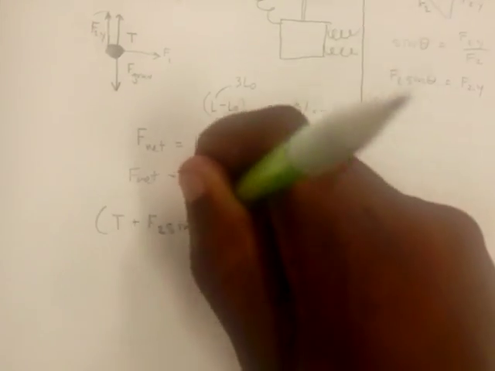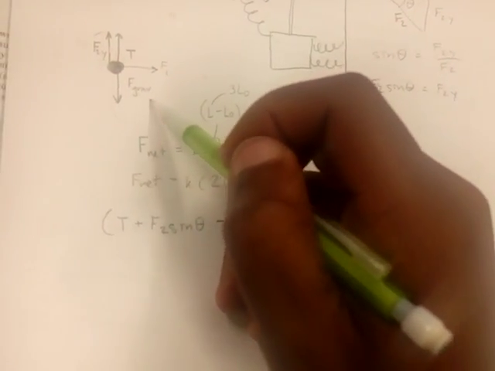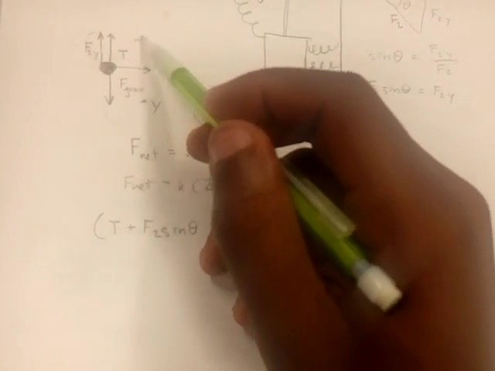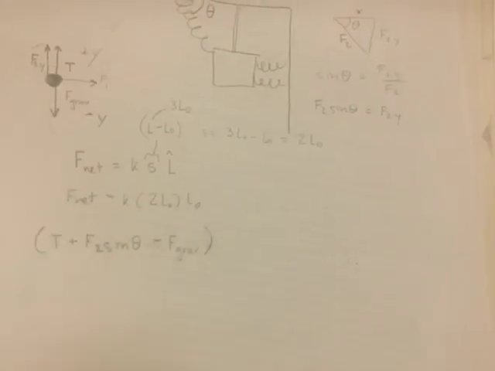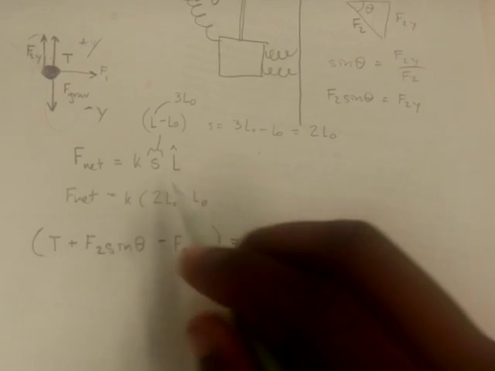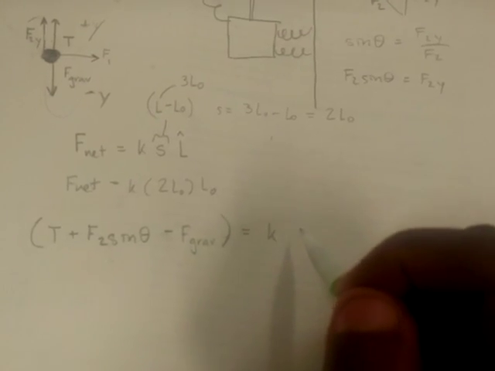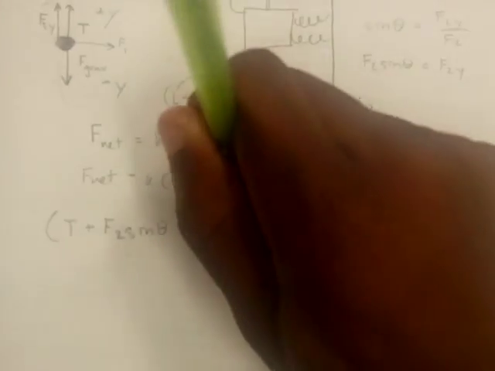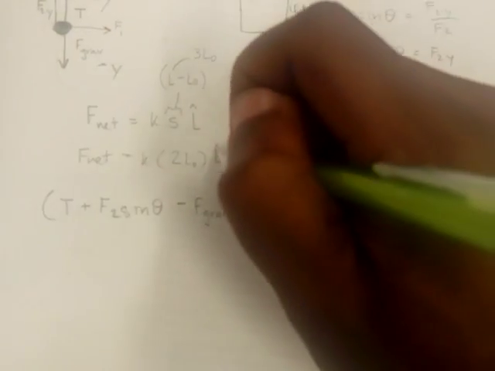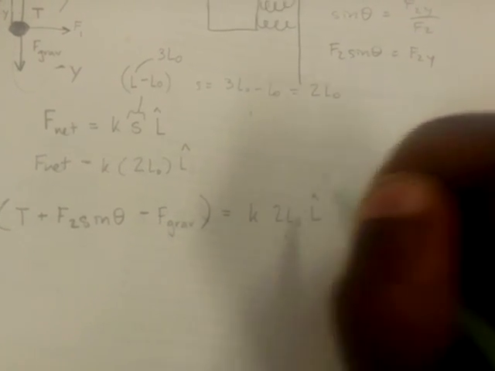Oh, and this should be a minus sign because gravity's working in the negative y direction. It's the positive y direction. And set that equal to k, this would turn into, sorry, 2k, 2 L hat.